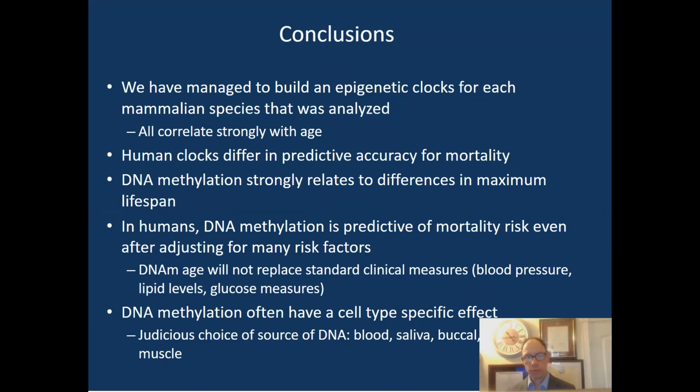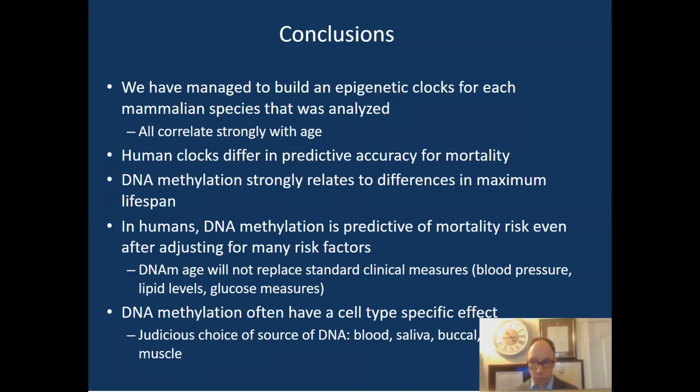So in conclusion, we have managed to build epigenetic clocks for each mammalian species that we analyzed. We have universal clocks that apply to all species. Human clocks differ in predictive accuracy for mortality risk. My pan-tissue clock is a weak predictor of mortality risk.